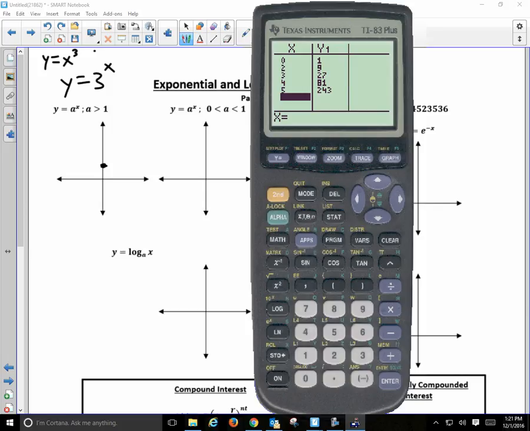As I type in a few values, you can see the pattern that's developing here. What's happening to the y values? At a ridiculously fast rate, right? I mean, you look at how fast the x values are increasing. The y values are increasing at a much greater rate, right? It's kind of like the bacteria on your phone, right? You have a couple bacteria and they produce a couple more.